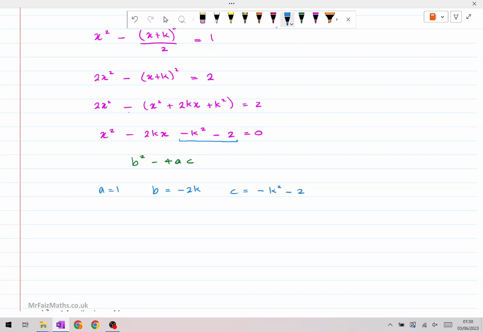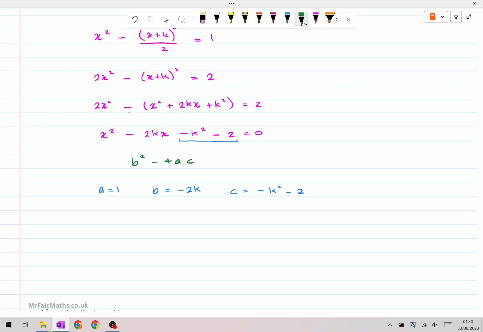Right, so we'll plug that into the discriminant here. On some questions it might just say find the range of values of k such that the line intersects the curve. In that case you might say b squared minus 4ac is greater than 0 or greater than or equal to 0. But here we are trying to show that no matter what k is, the discriminant will always be positive.